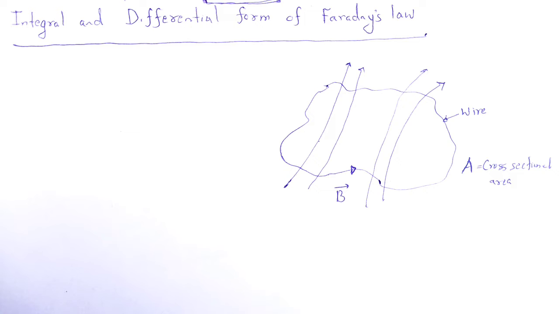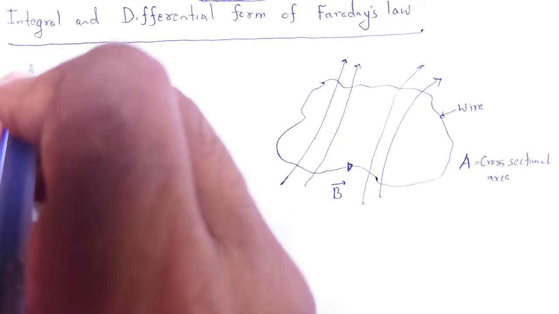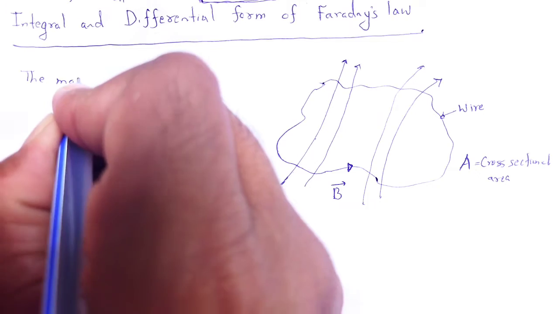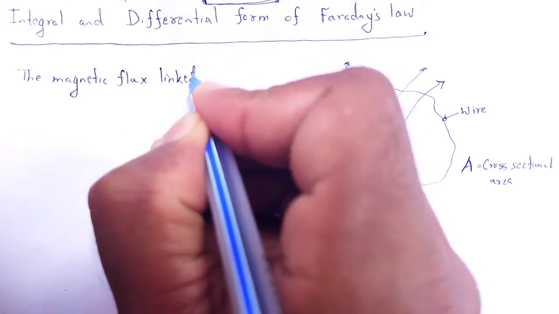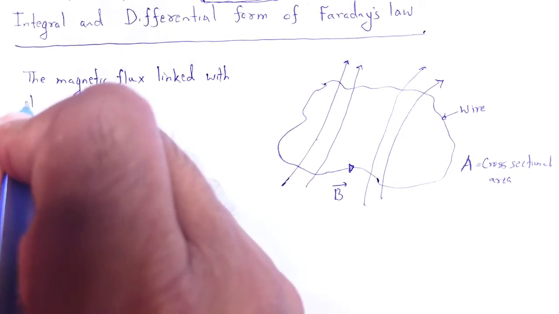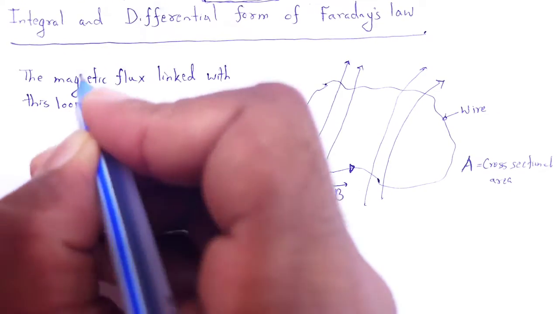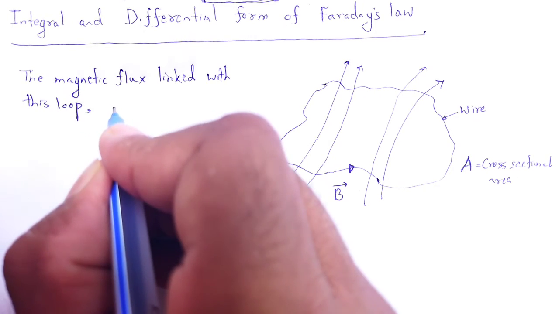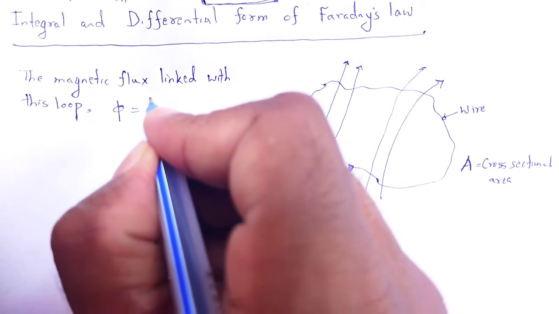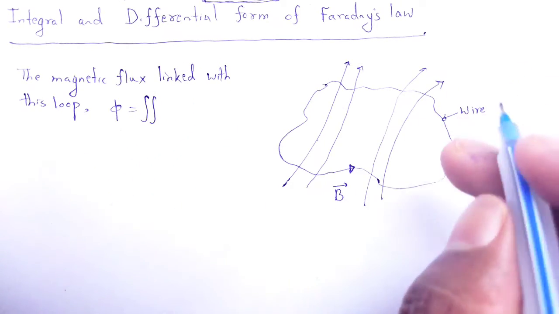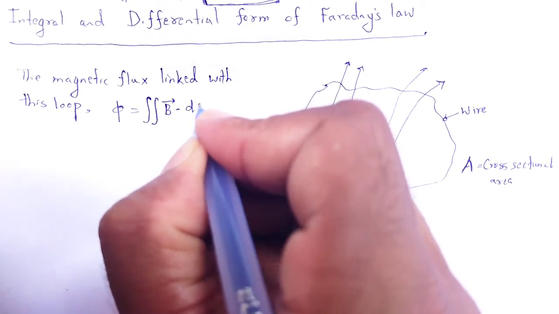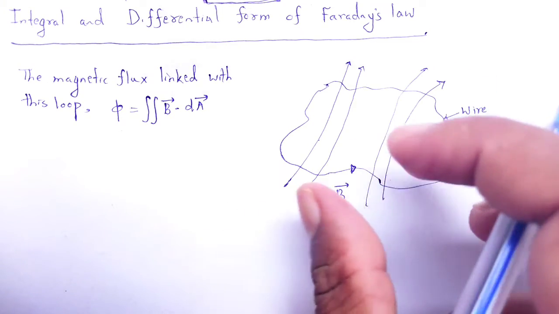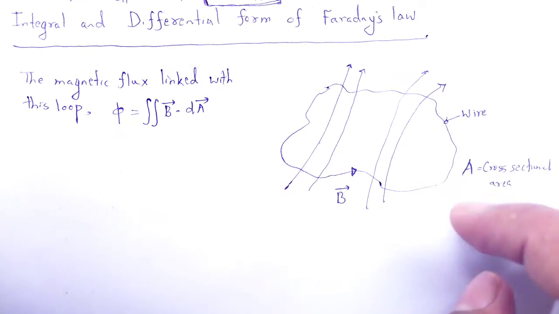So, the magnetic flux linked with this loop is phi is equal to the surface integral of B dot dA, the magnetic flux associated with that loop.